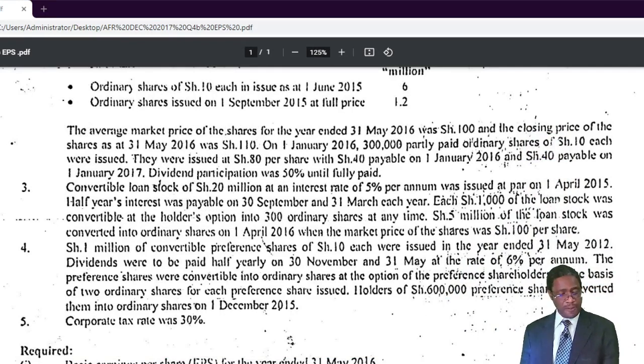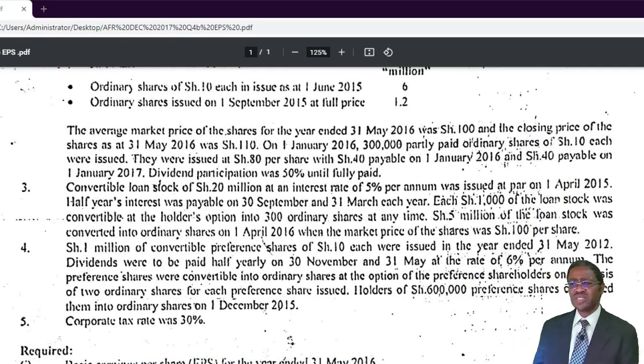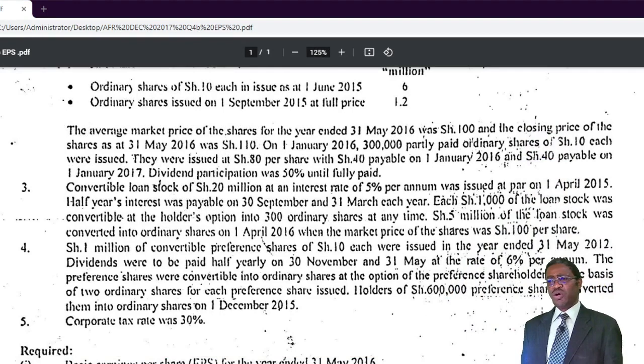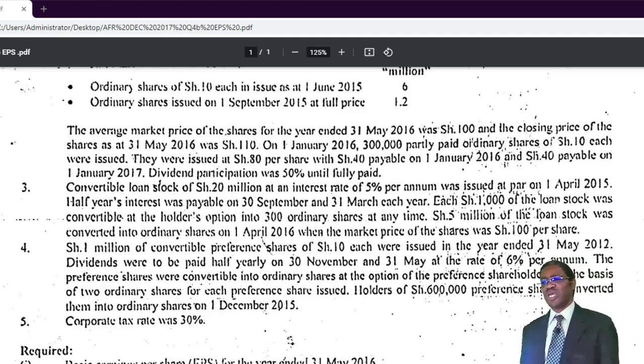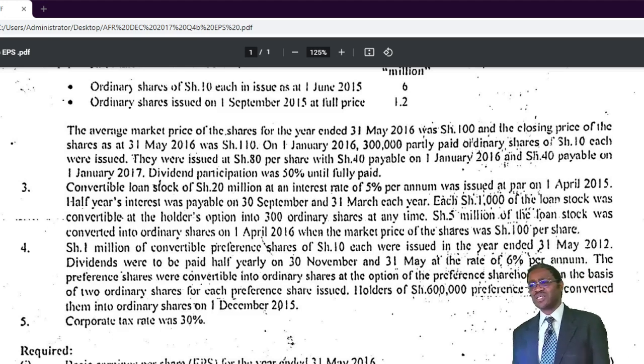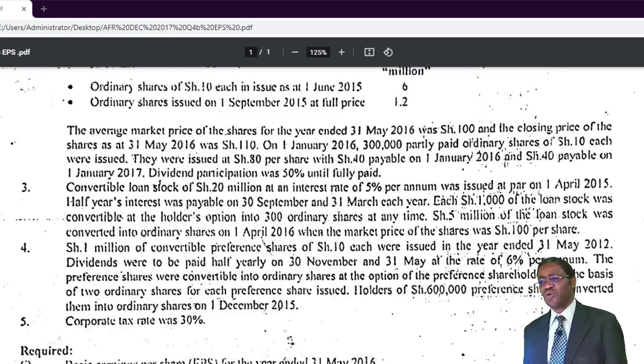Number 3. Number 3 says, convertible loan stock of shillings 20 million at an interest rate of 5% was issued at par on 1st of April 2015. Half of the interest was payable on 30th September and 31st of March.